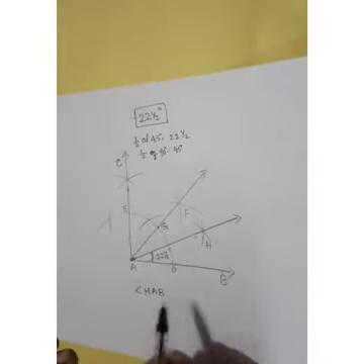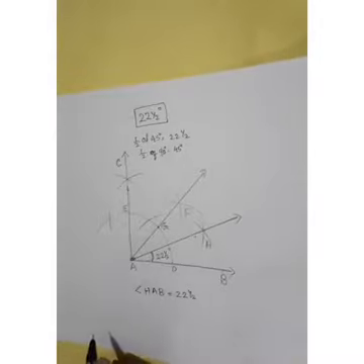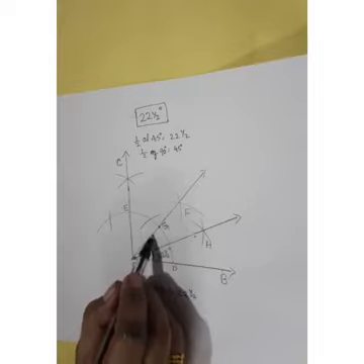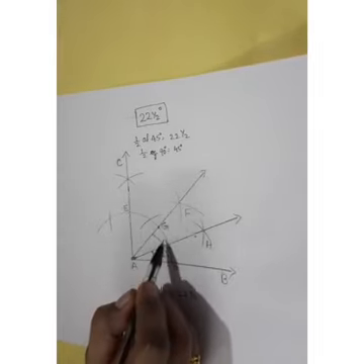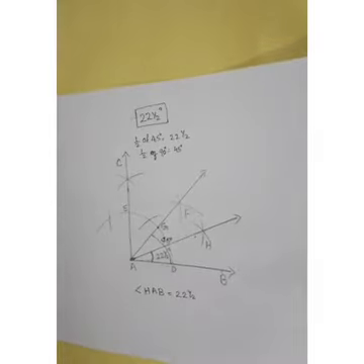Angle HAB is our required angle 22.5. So here FAB, this angle is 45 degree, and the complete angle is 90 degree.